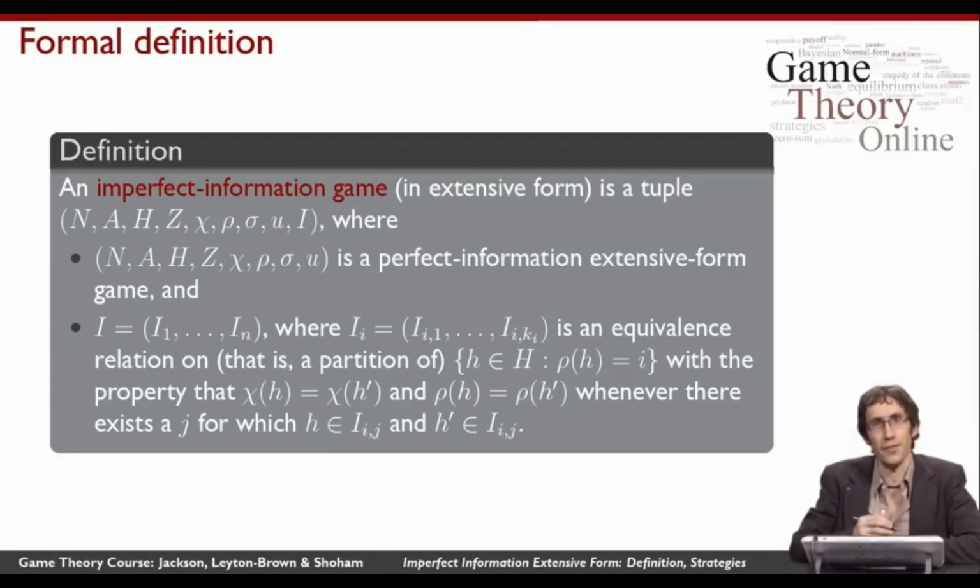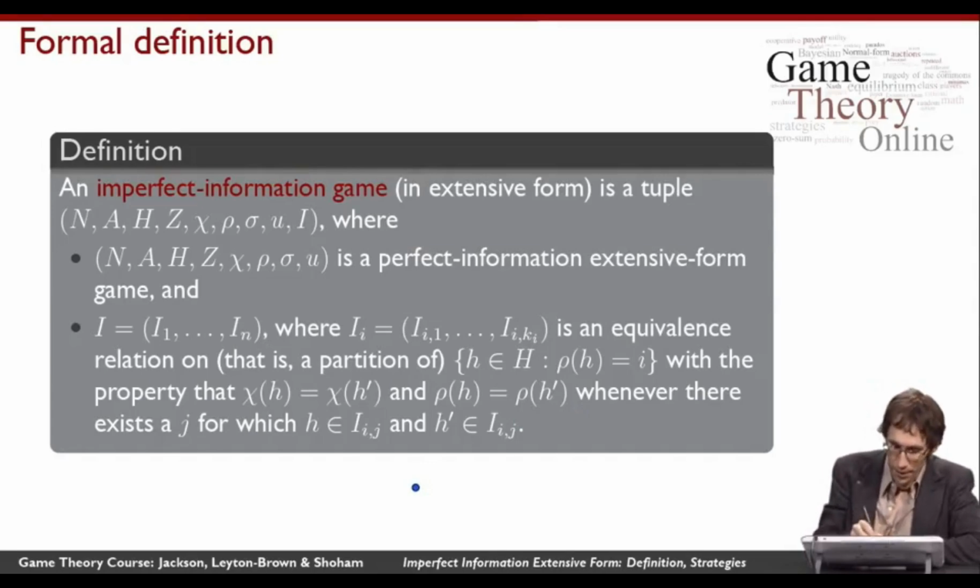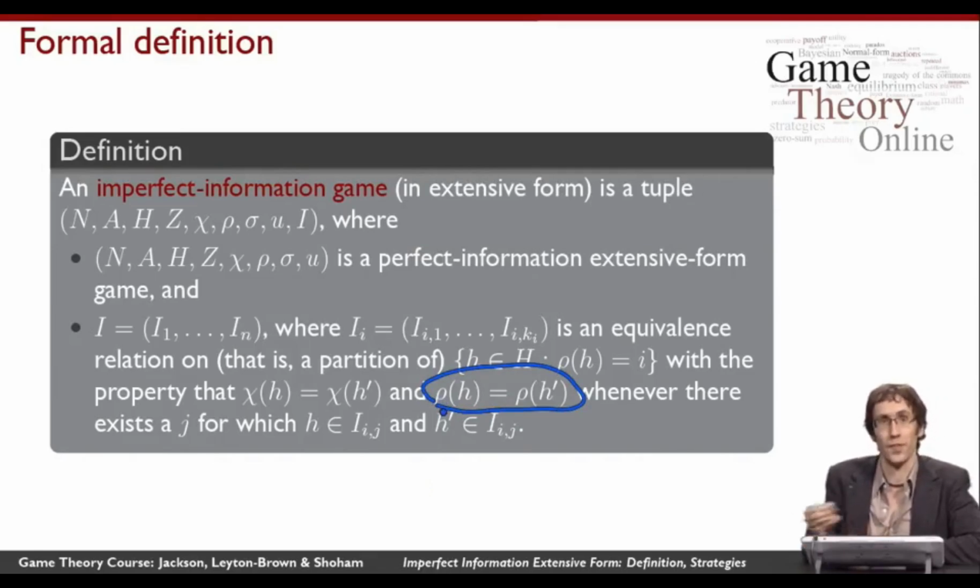Now, in order to make this definition work, we need to add a couple of restrictions so that it makes sense. If two different choice nodes are part of the same equivalence class, then first of all, they have to belong to the same player. They have to be labeled with the same player, because if they're not, you'd be able to tell them apart because different players would be acting.